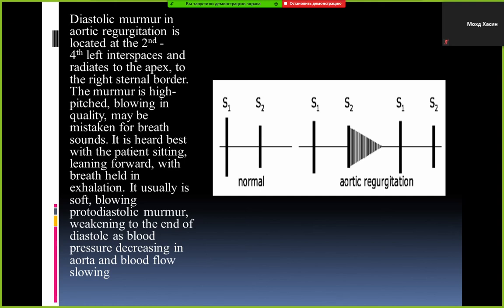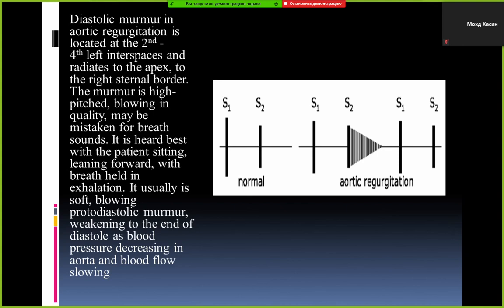Diastolic murmur in aortic regurgitation is located in the second and fourth left interspaces and radiates to the apex beat and to the right sternal border.